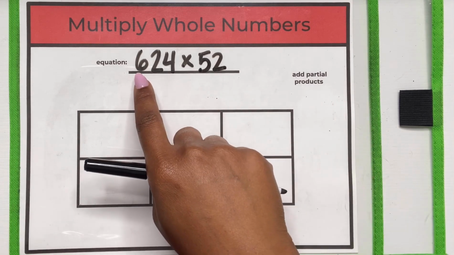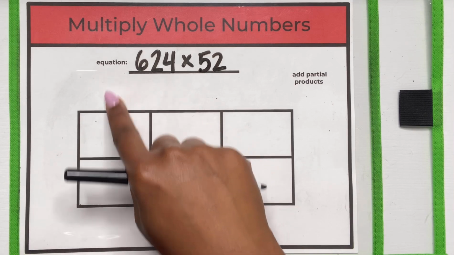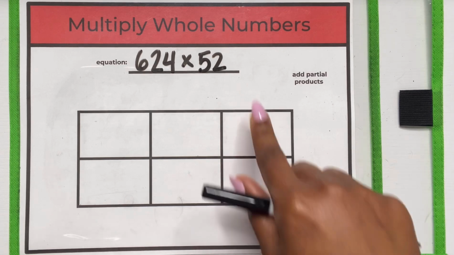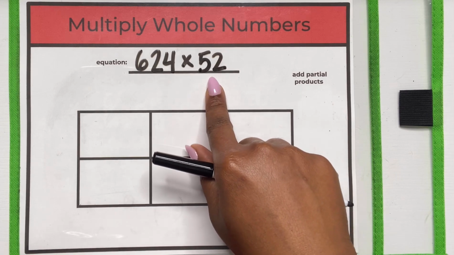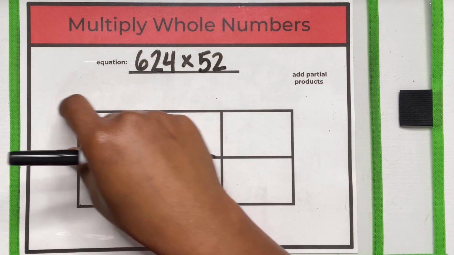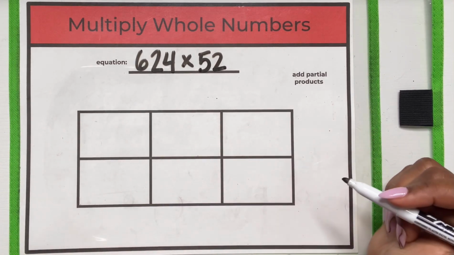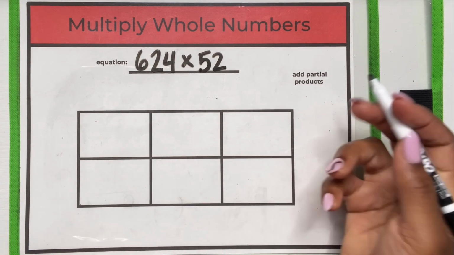Again, we have 3 digits in our first factor, 624, so I'm going to have 1, 2, and 3 columns going down times 52, which is a two-digit factor. So I'm going to have 2 rows for 52.